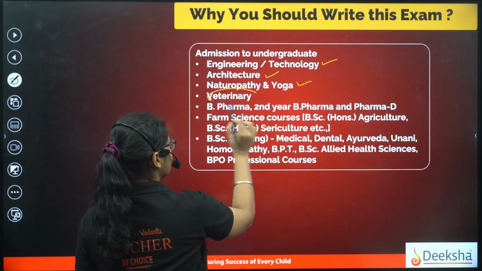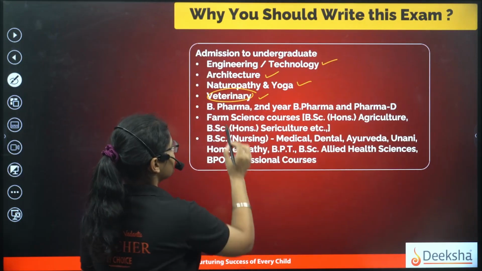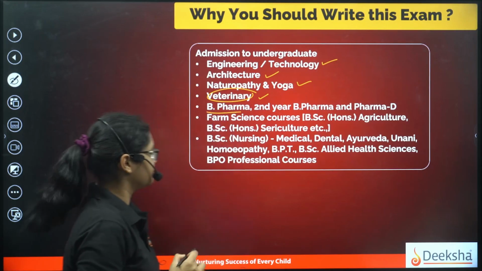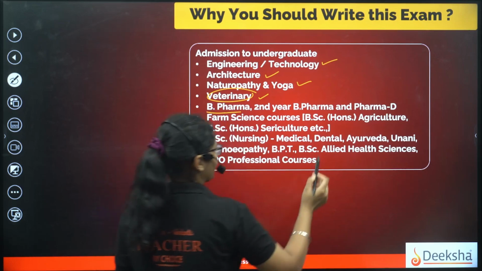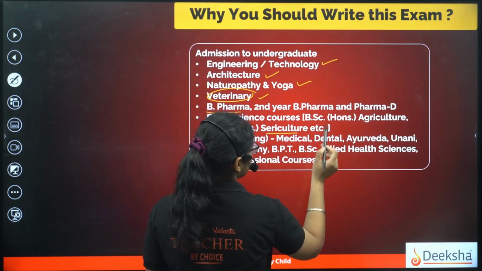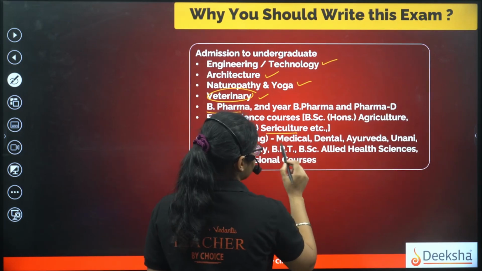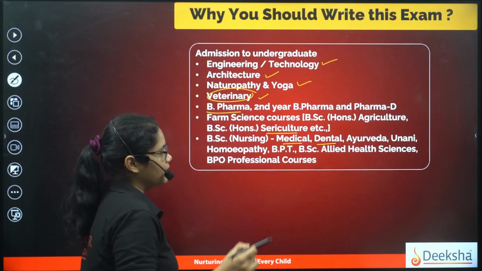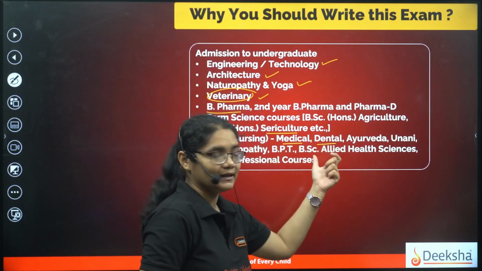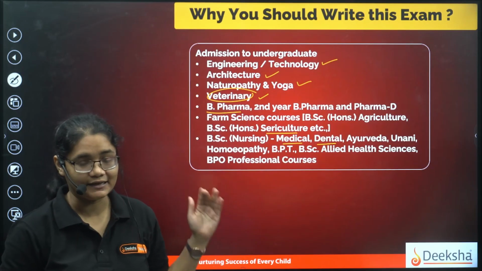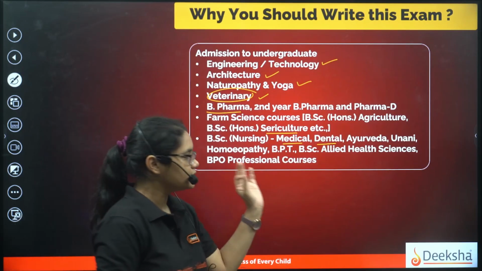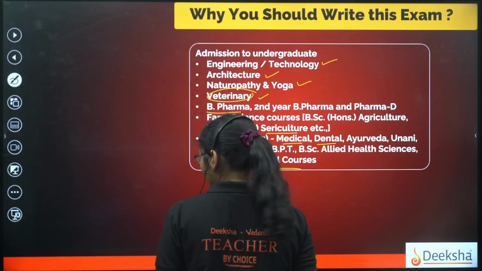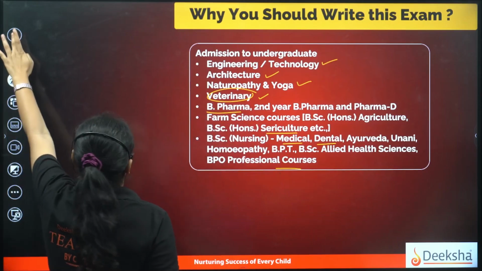Many students also go for veterinary. Then B Pharma. Farm science courses like agriculture and sericulture. Then nursing, medical, dental, Ayurveda. If you are doing medical, dental or anything similar, you have to register for the KCET examination, so these courses are also important.